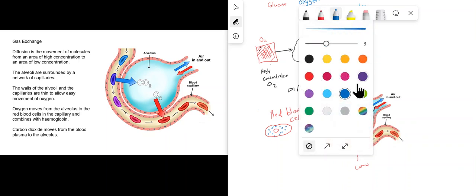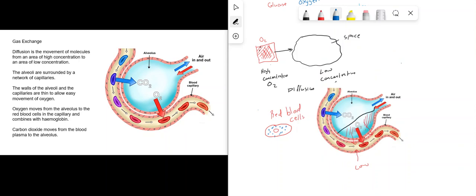Now from the body, you're going to get this waste CO2 that's produced. The waste CO2 is going to come in the blood plasma. So imagine all in here, you're going to have a high concentration of CO2, and then in here, there's going to be a low concentration.